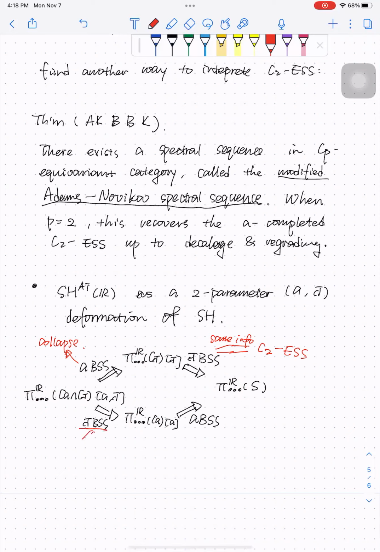This one is the same as the tau-Bockstein spectral sequence and the same information as the Adams-Novikov spectral sequence. And this one is a-Bockstein, but C2-equivariantly, a-Bockstein is the same as the homotopy fixed point spectral sequence.